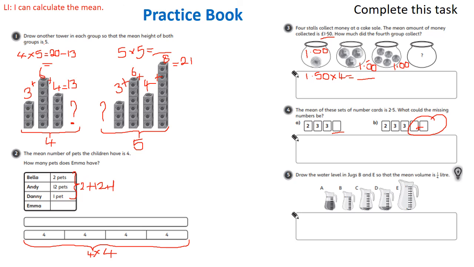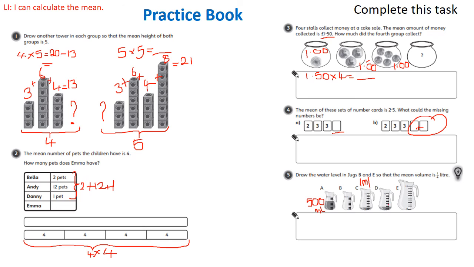Now, question 5, I'm just going to give you a bit of help with this one, purely because the scale is quite difficult to read. A is 500 millilitres. C is 100 millilitres.